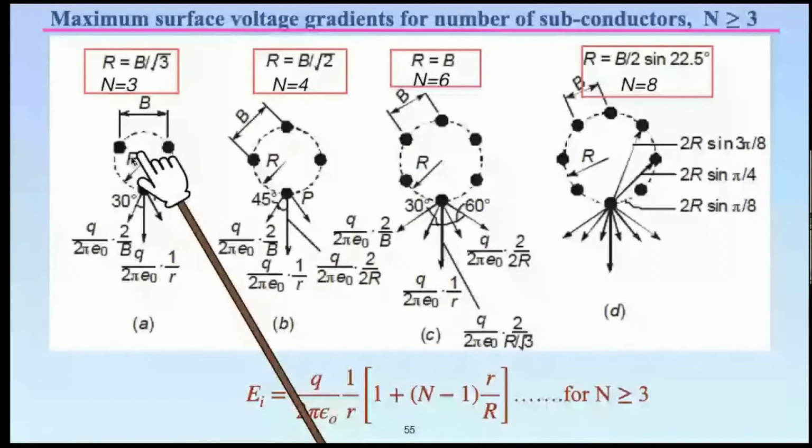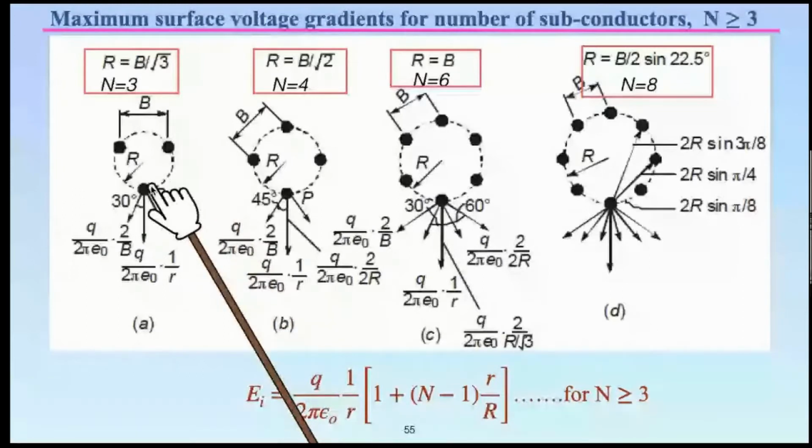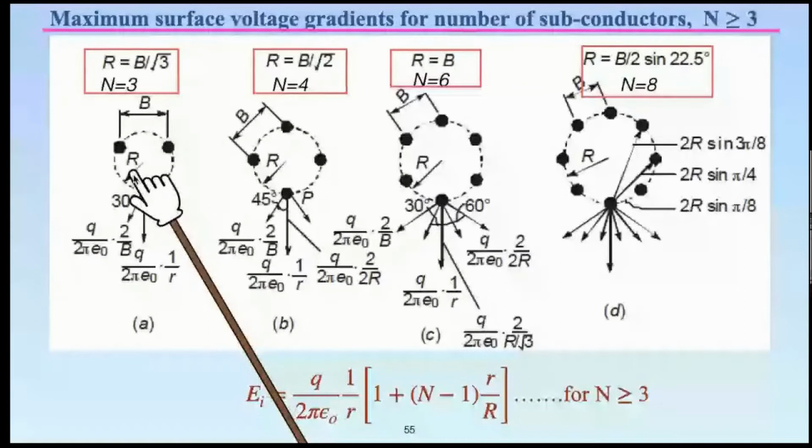So this to this distance, shortest straight distance is B. Similarly, distance from this phase to this phase is B, and then from this phase to this phase again. So remember that these are subconductors within a bundle.